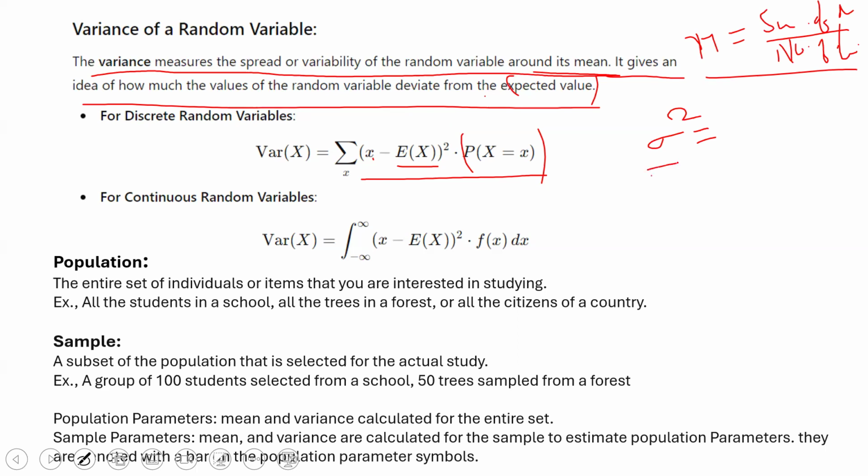And what is the formula for variance? 1 by n summation of (xi minus mu) whole square. Very good. That is the formula for the variance, where mu is the mean of the data points.